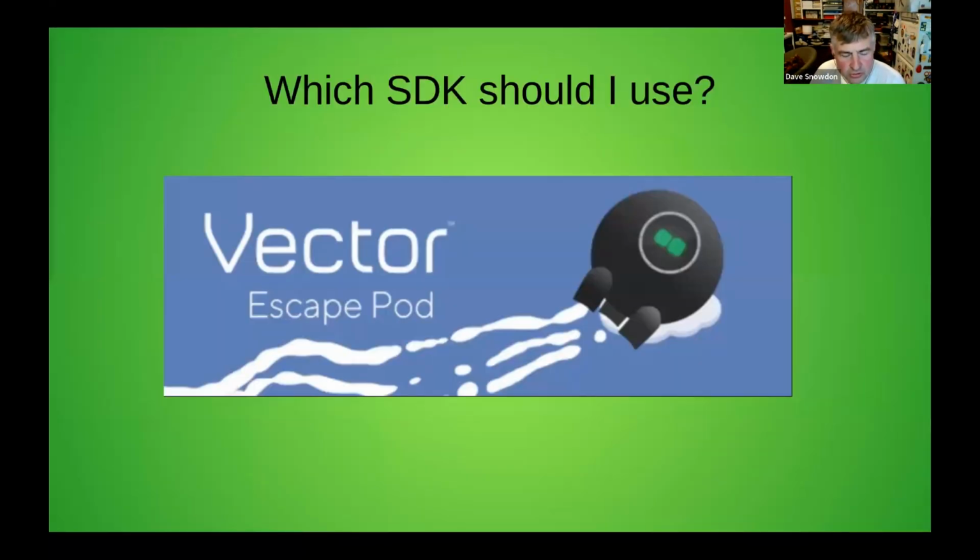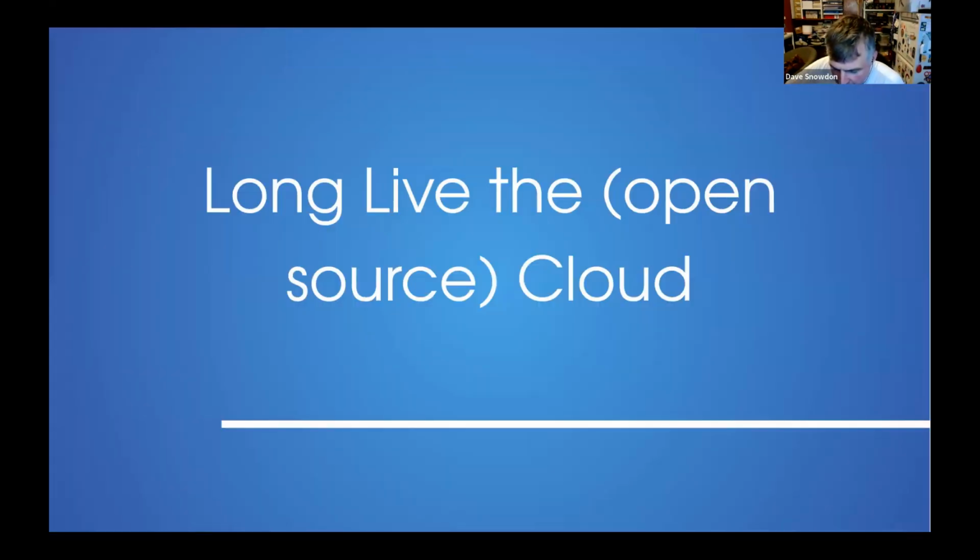Sadly, it's not the escape pod, because that still depends on the app. However, there is an open source thing called WirePod, which has similar functionality to escape pod, but is entirely open source.